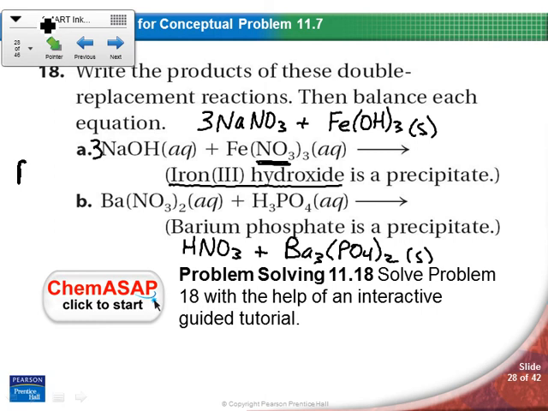So Ba is a 2+, right? PO4 is a 3-, so when you crisscross those, Ba3(PO4)2, okay. Alright, and then you have to balance this one. I'm going to have to put a 3 in front of this barium to balance my bariums. That gives me 6 nitrates, so now I have to put a 6 here. And then if I put a 2 here, I think we're good. Okay?